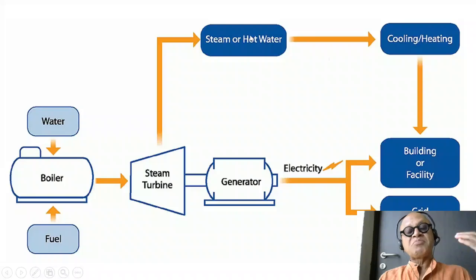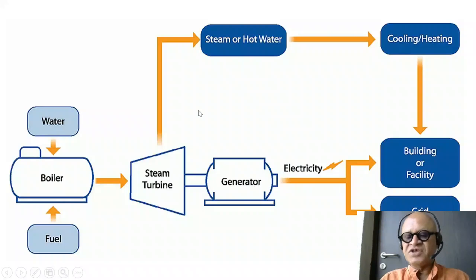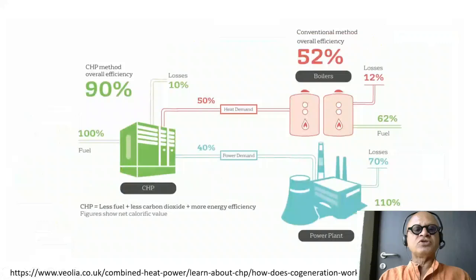So the temperature may drop enough that the steam becomes hot water, or based on the efficiency, it could still be plenty of steam left. Cooling and heating are driven as we saw in a separate circuit before, and electricity is produced as well through this generator as before. So this increases efficiency tremendously as opposed to the other one.